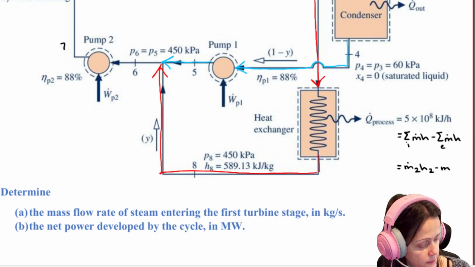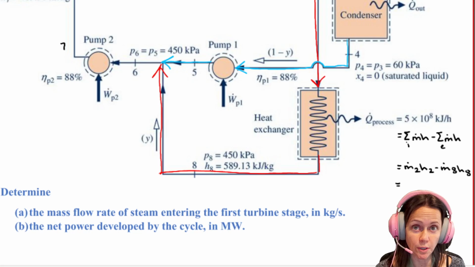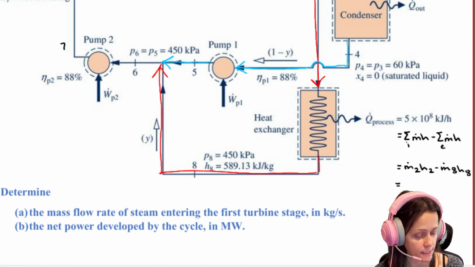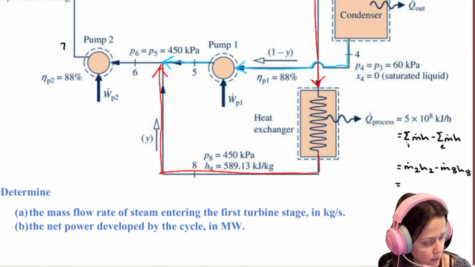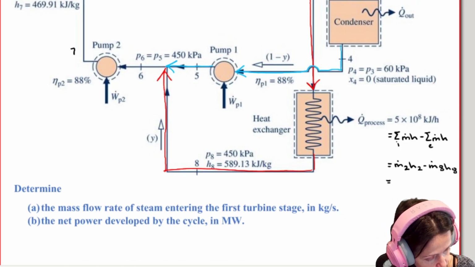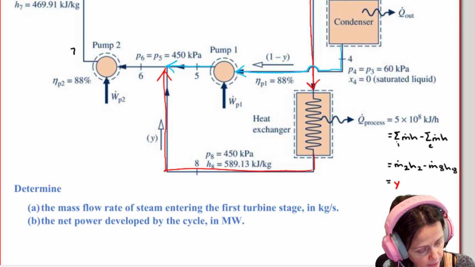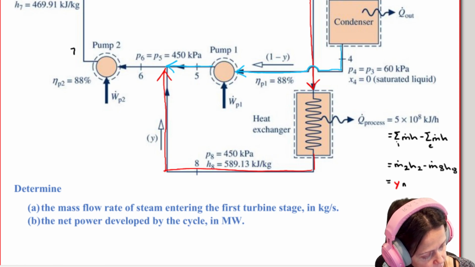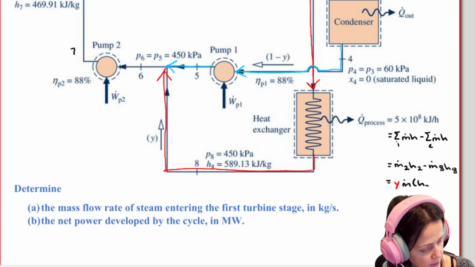I know that m dot 2 and m dot 8 are exactly the same, and they are equal to y times m dot, times h2 minus h8.